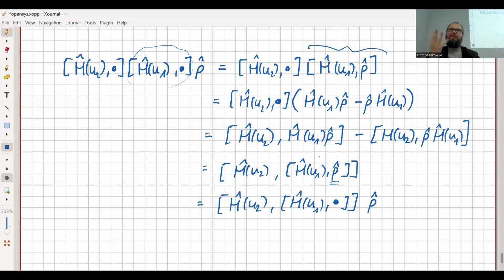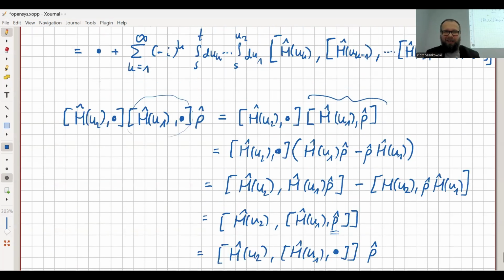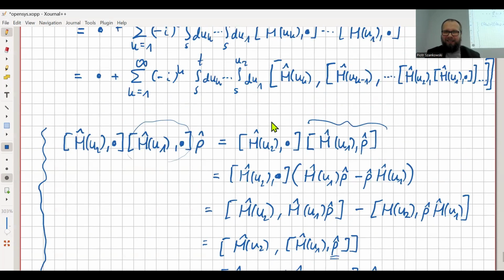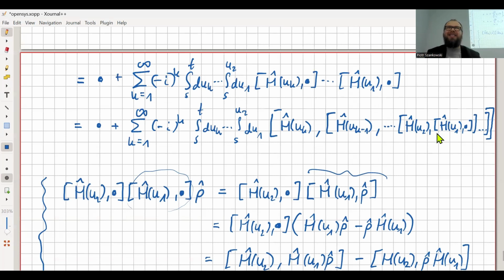This is how, if you have some formula, you just act with it on some argument and see what's going on, just to make sure you understand how it works. So this is why we have this effect of nesting. Right? It's a very characteristic structure, actually.